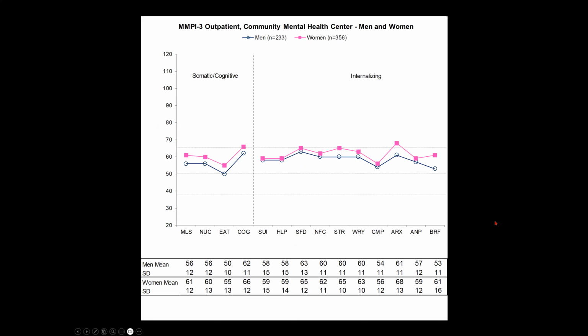Turning to the somatic and cognitive scales, the highest score for our mental health outpatient sample is on cognitive complaints.